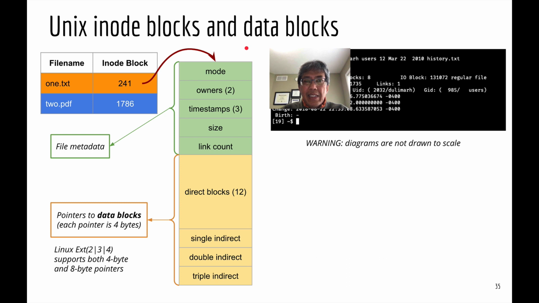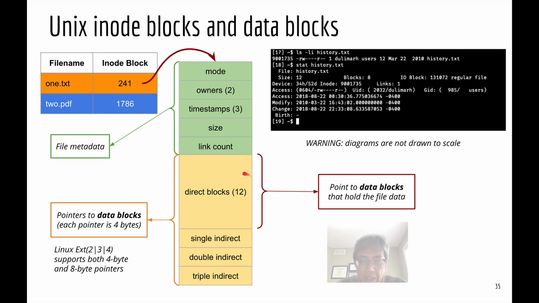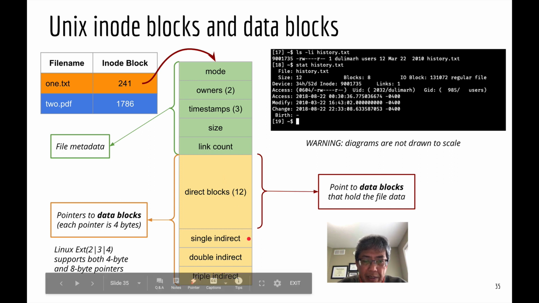I want to emphasize that in Unix, inode blocks are different from data blocks. And data blocks can vary in size between 512 bytes to several kilobytes depending on how you prepare the file system. So the yellow boxes are pointers that point to data blocks of your file. And there are two kinds of pointers.